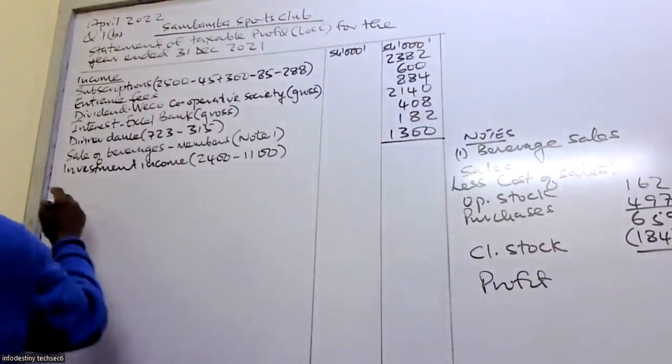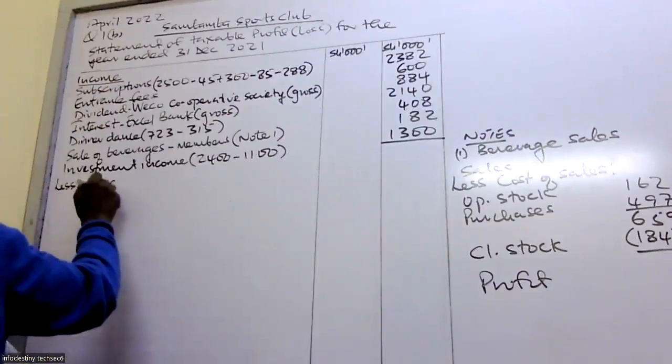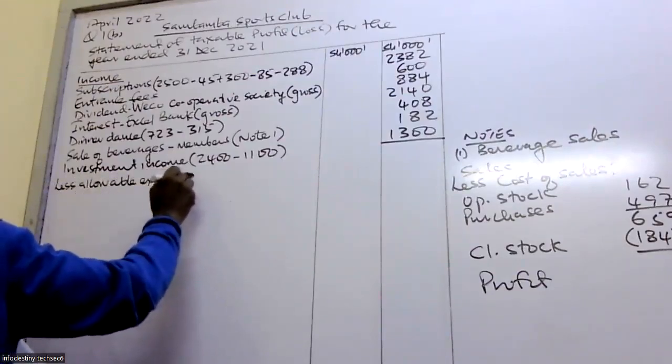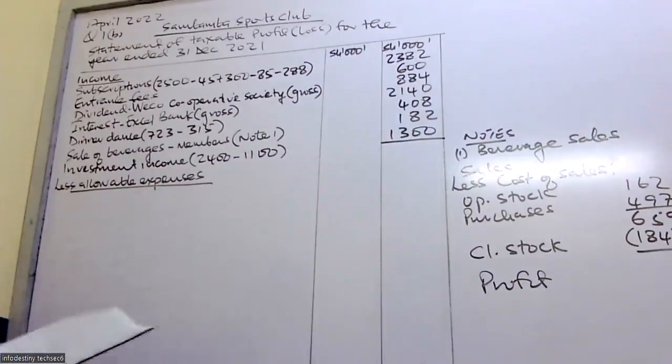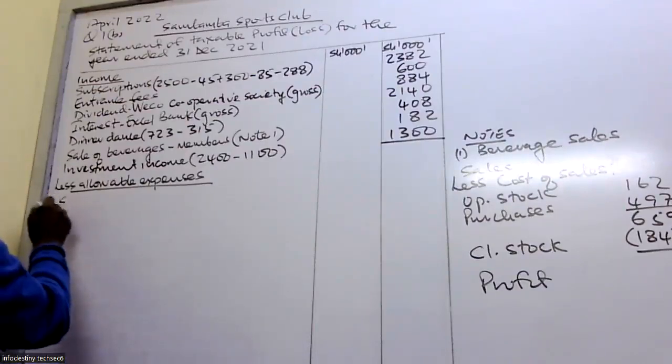Then we deduct allowable expenses, like salaries and wages. We are getting those in the receipts and payments account, but you check whether there are any adjustments. There are reasons for salaries and wages to bring in salaries.